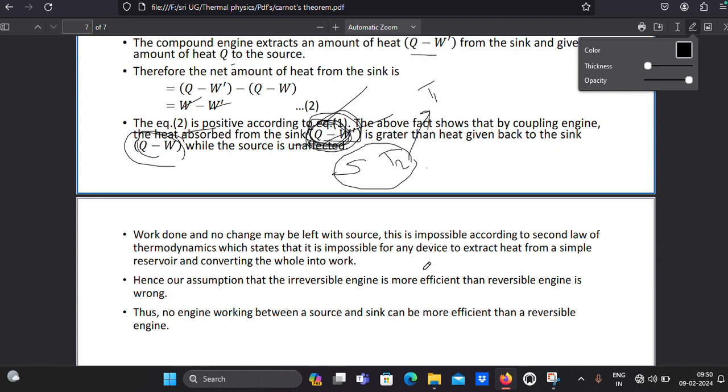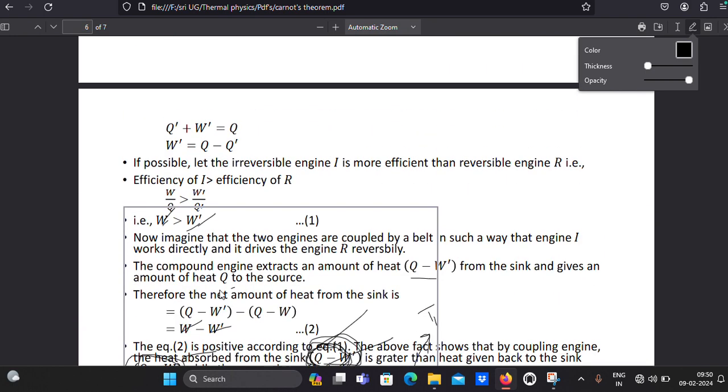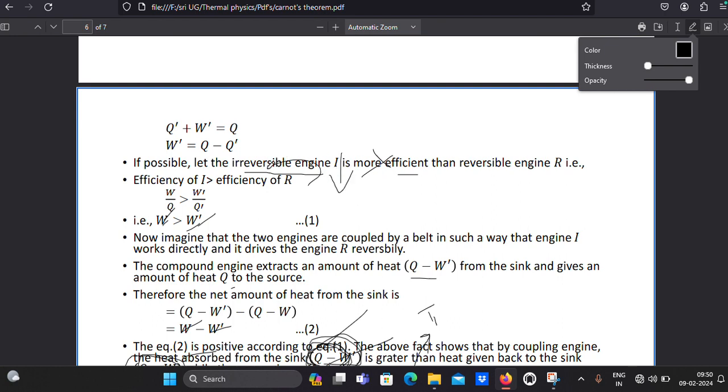So by absorbing heat energy from the sink and giving it to the source, hence our assumption that an irreversible engine is more efficient than a reversible engine is wrong. What did we assume here? We assumed that the irreversible engine has more efficiency, but it cannot have more efficiency. It always has less efficiency than the reversible engine.